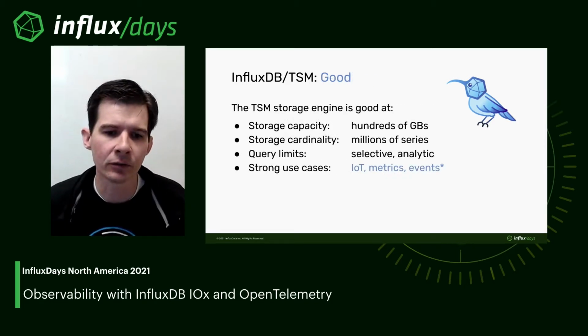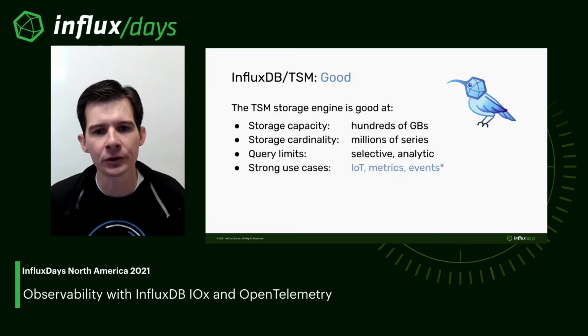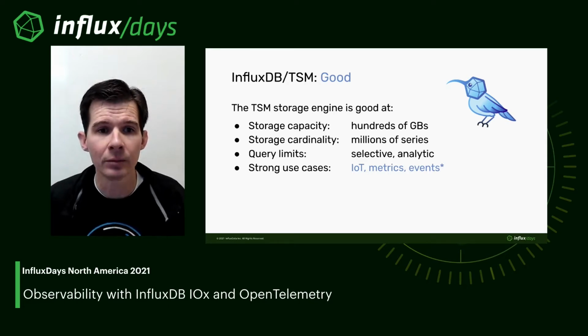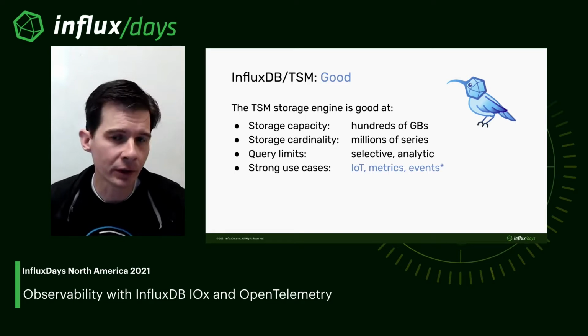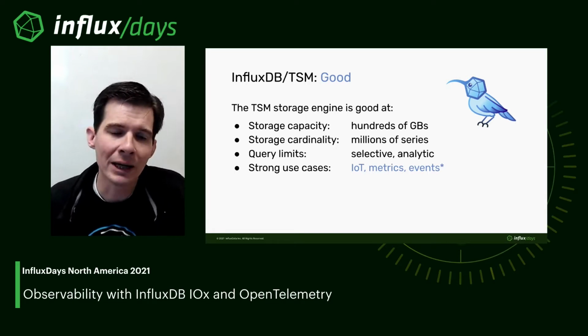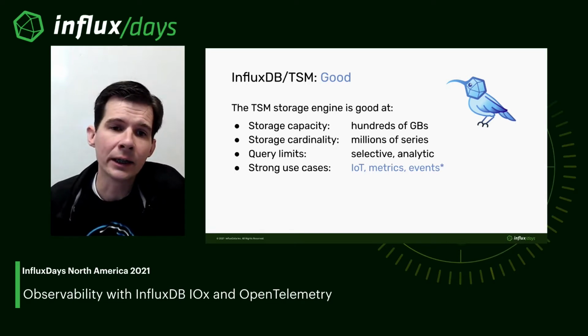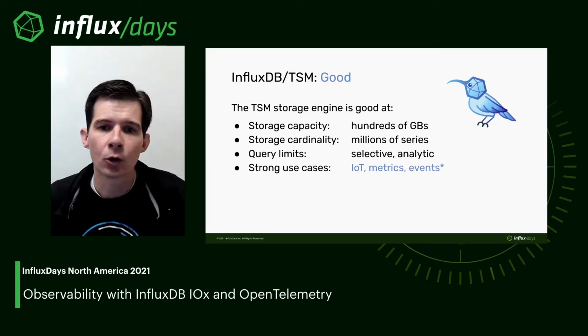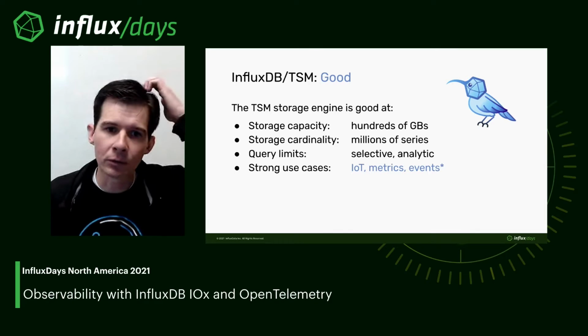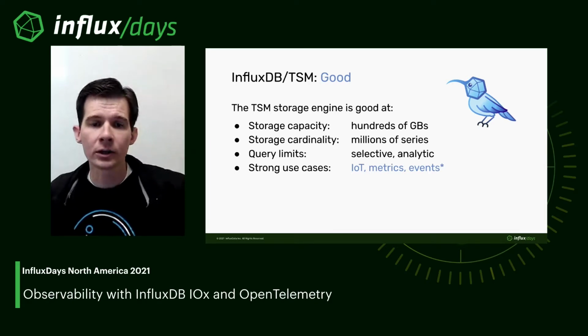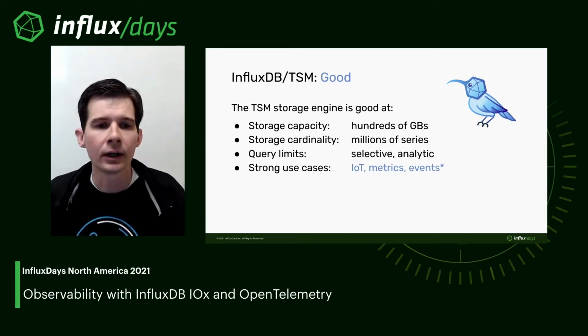So TSM has served our customers and our open source users very well over the years because it can store hundreds of gigabytes of data and cardinality into the millions. Query performance is best with selective analytic queries, that is to say, queries that read up to thousands of series and queries that perform mathematical operations across millions of values.